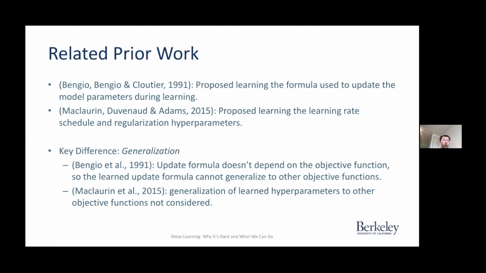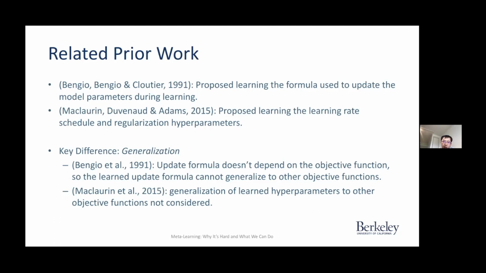So there are two papers that came previously that are the most related, and these are the two. In Bengio et al. 1991, they proposed learning a formula used to update the model parameters during learning. And in Maclaurin et al., they proposed learning the learning rate schedule and the regularization hyperparameters. So the key difference has to do with generalization, and that is going to be a recurrent theme that we're going to talk about over and over later on.